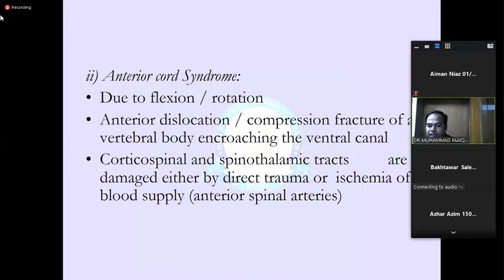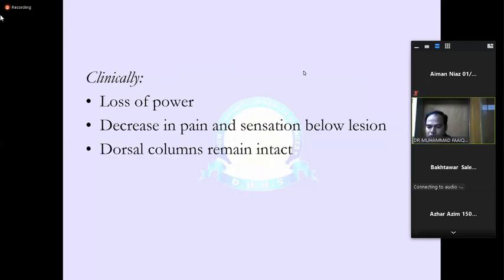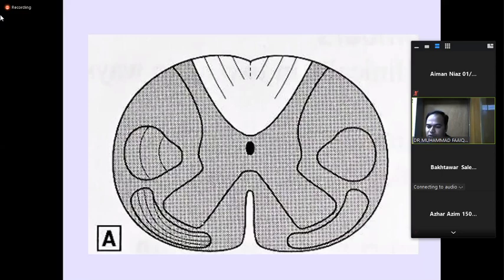And what is anterior cord syndrome? Anterior cord syndrome is also called anterior spinal artery syndrome, because if the anterior spinal artery is involved, the whole anterior segment will be involved. And because this segment contains the corticospinal tract, it will result in quadriplegia or paraplegia. If the anterior spinal artery is involved in the cervical region, the patient may develop quadriplegia, or if the problem happens at the dorsal level, the patient may develop paraplegia.